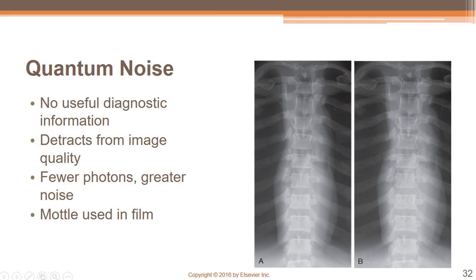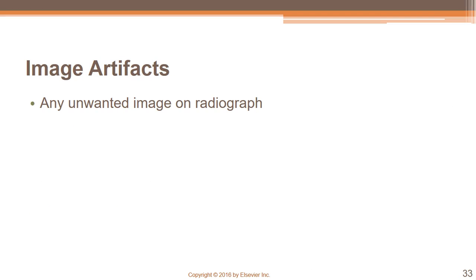Okay, so now that we've talked about brightness, contrast, shape distortion, size distortion, scatter, and quantum noise, let's look at another thing that actually affects the image quality of our radiograph, and that's artifacts. An artifact is any unwanted image on a radiograph.